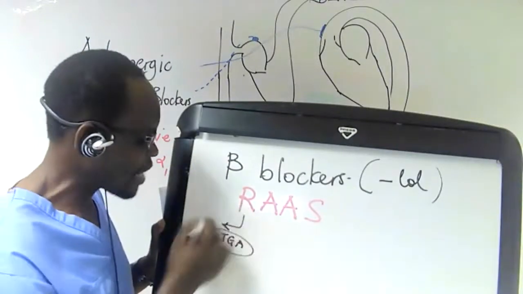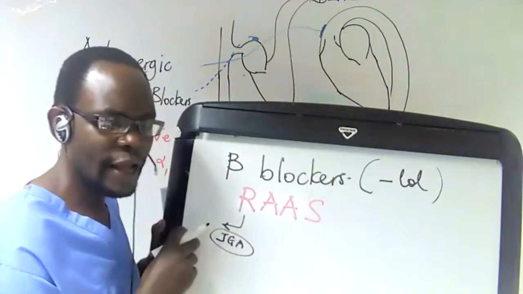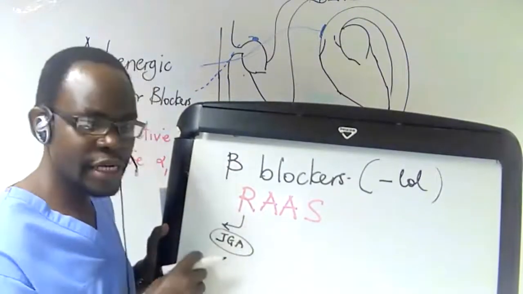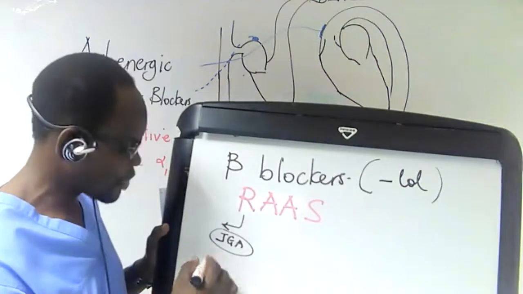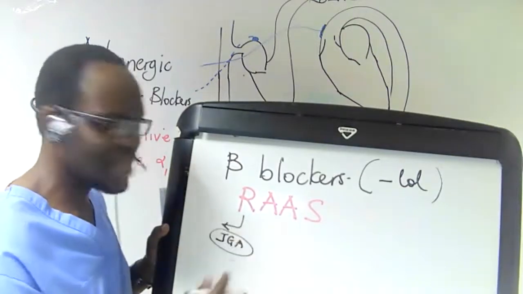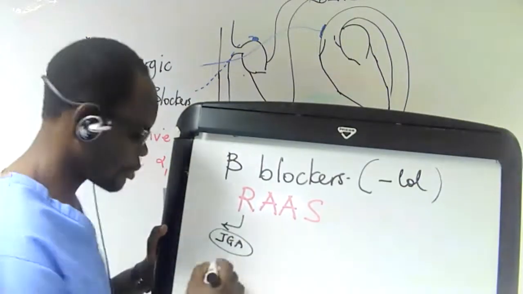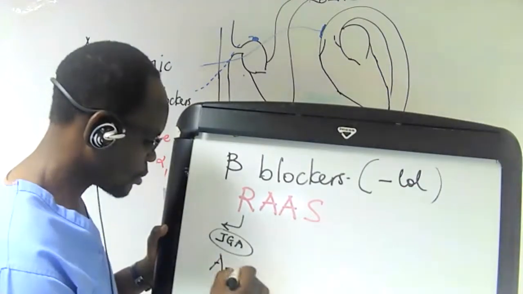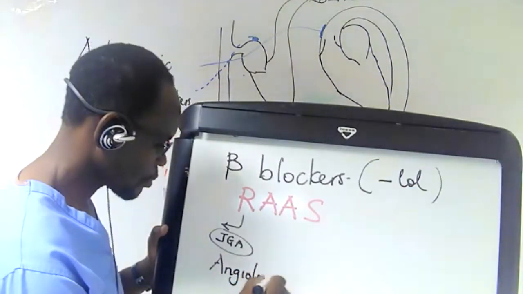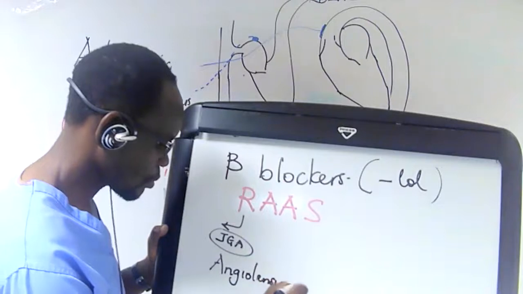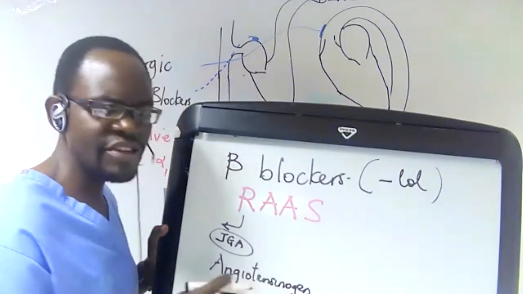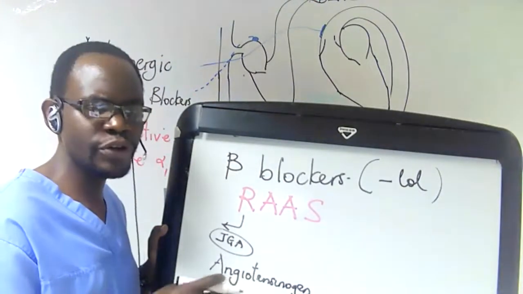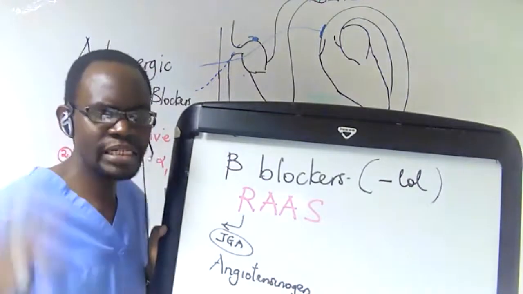Now it produces renin. Once it produces renin, this renin basically causes conversion of angiotensinogen. This angiotensinogen is basically produced in the liver and it is freely circulating.